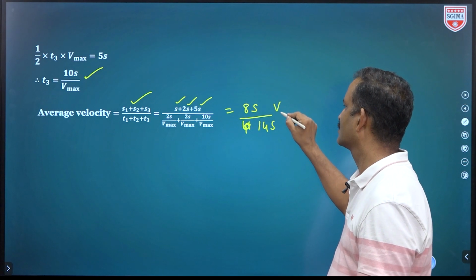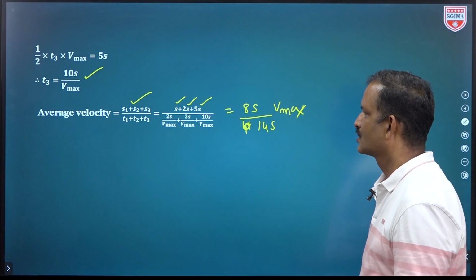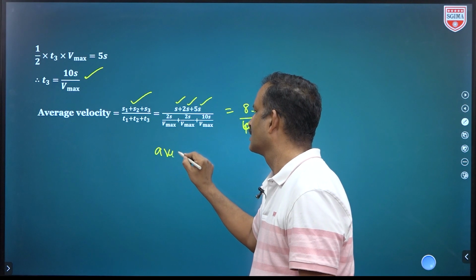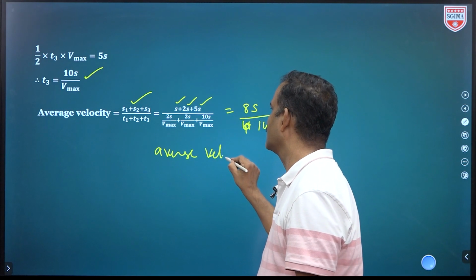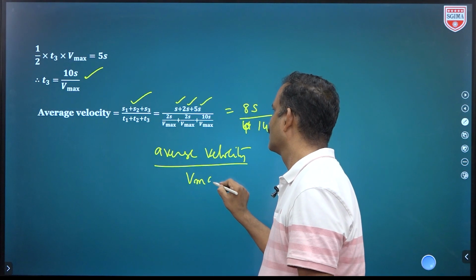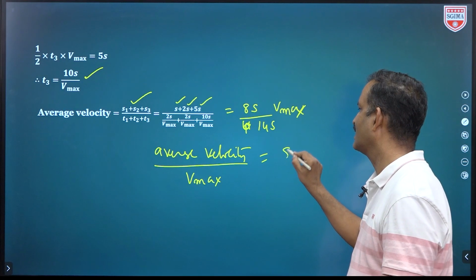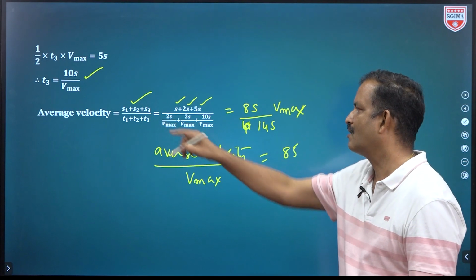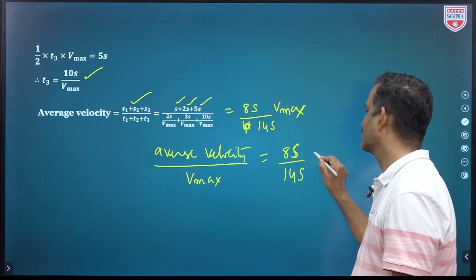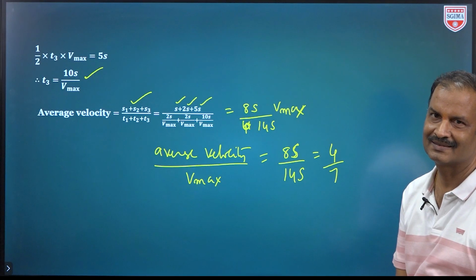V maximum comes to numerator. So if you want to find out average velocity by maximum velocity, it is equal to 8s by 14s, as maximum velocity comes down. That is equal to 4 by 7, 4:7.